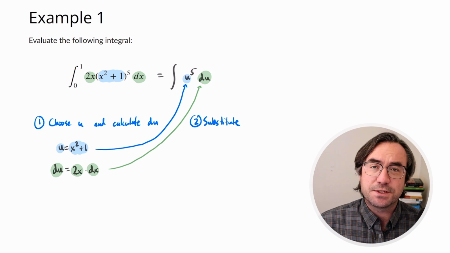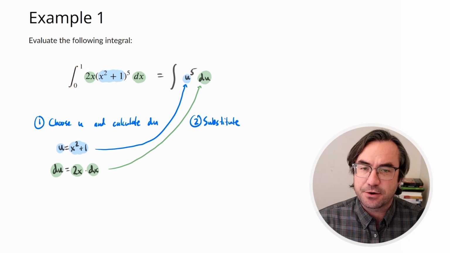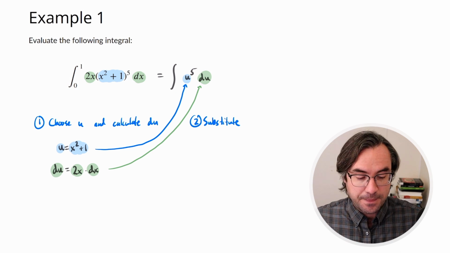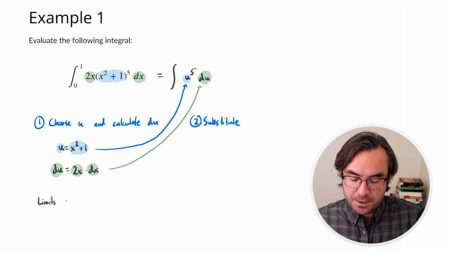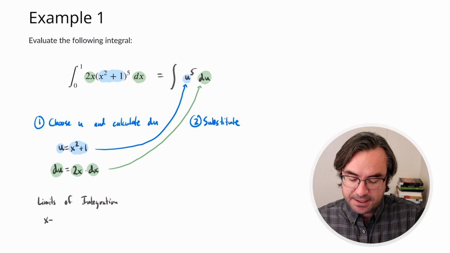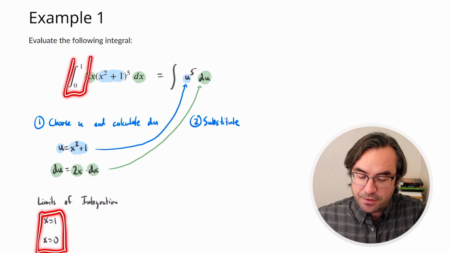All right, so now what's going to be new is these limits of integration. So we're also going to substitute these. All right, so how does this work? Well, let's write our limits of integration down. So we have x equals 1 and x equals 0. And when you do this, it helps to keep them in the same order that they appear.